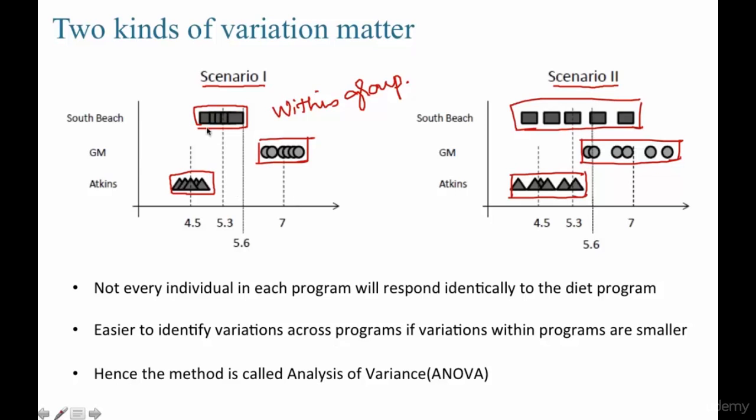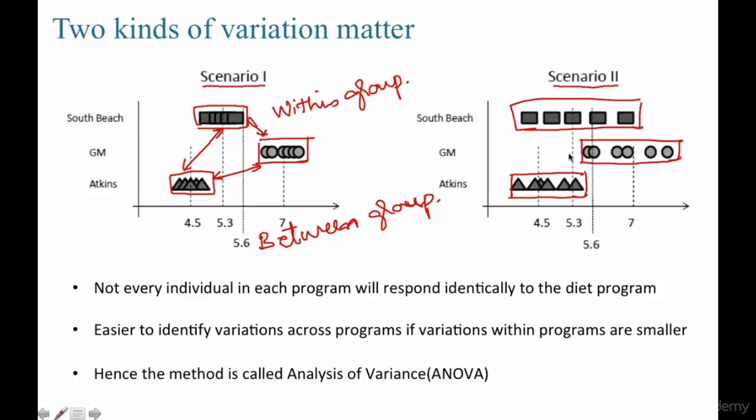And to differentiate between these 3 diet programs, the variation between the groups should be more. Between the groups, the variation should be more. Only if the variation between groups is more would you effectively be able to differentiate the people assigned to these 3 different groups.